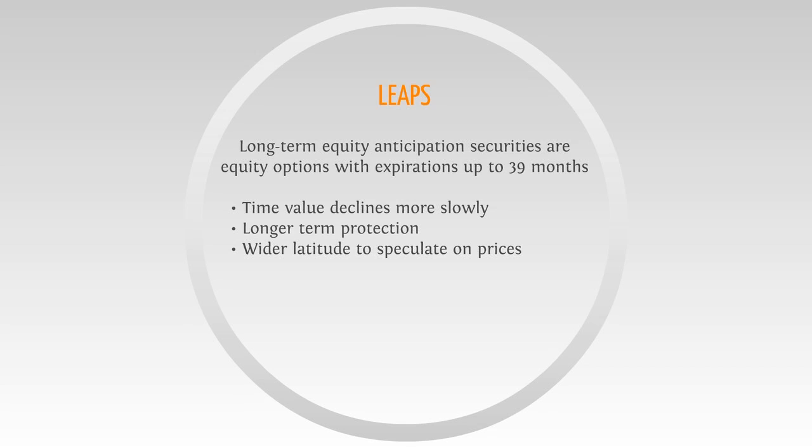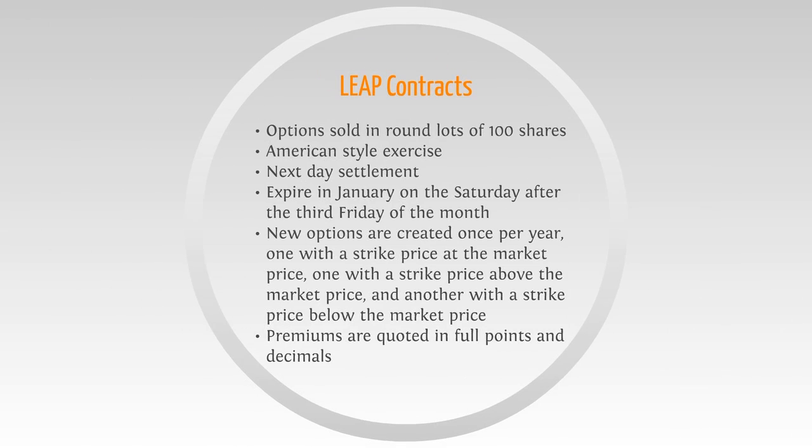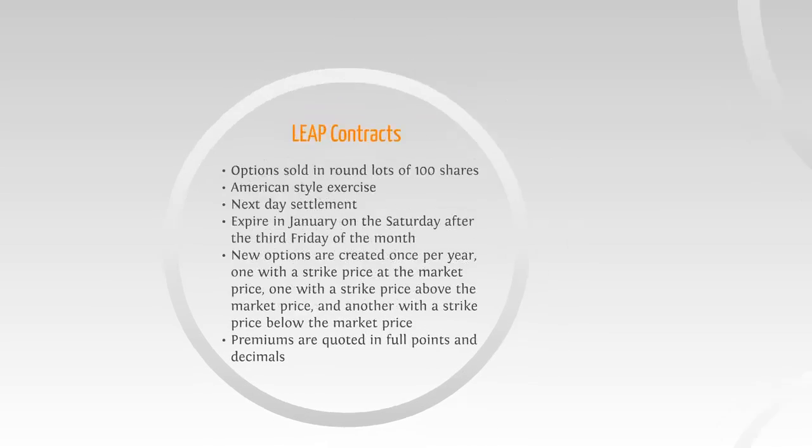If you do want an equity option for longer time periods, those are available and they're called LEAPs, long-term equity anticipation securities. LEAP contracts have slightly different rules than regular options. They're American style exercise and they expire in January on the Saturday after the third Friday of the month. That's important to know. And they're typically created just once a year.